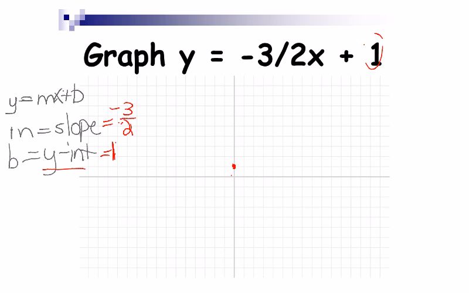Okay, so we've done the y-intercept, and now we're going to do the slope. The slope is going to be negative 3 over 2. Remember that slope is counted with y over x, or rise over run.